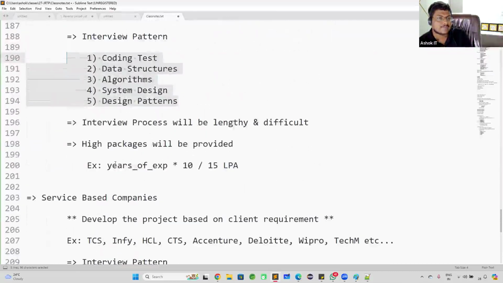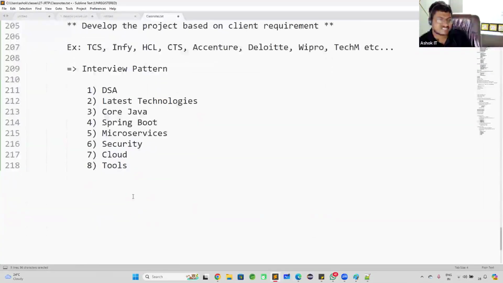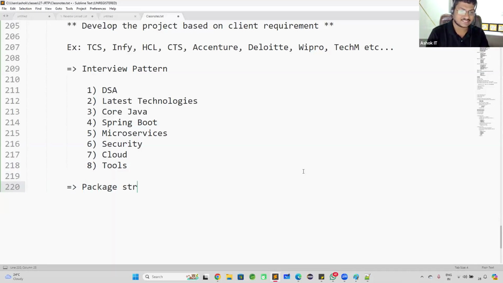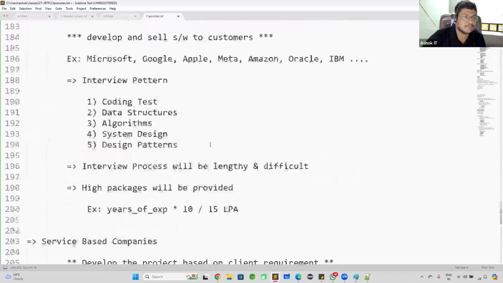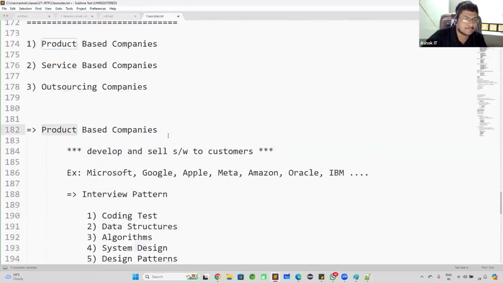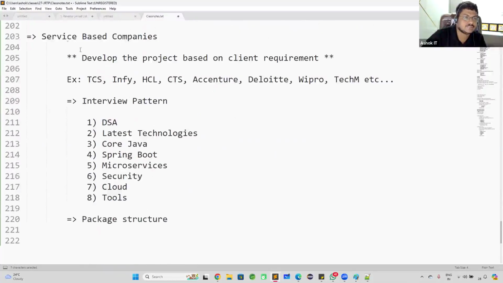Okay, and coming to package structure. When you go for service-based companies, what is the package structure you can expect? So here, when compared with the product-based companies, service-based companies will give you less package.